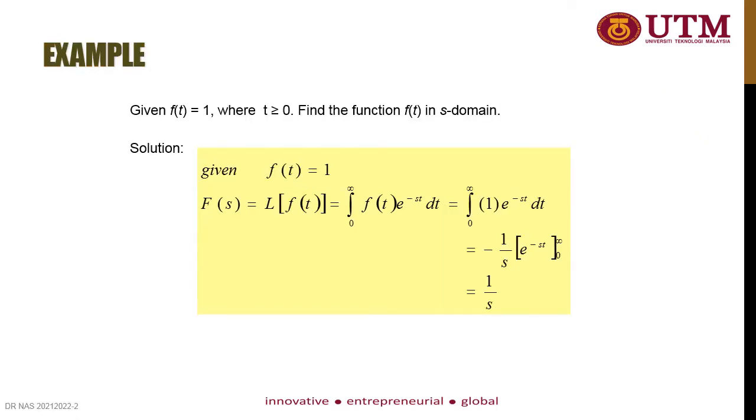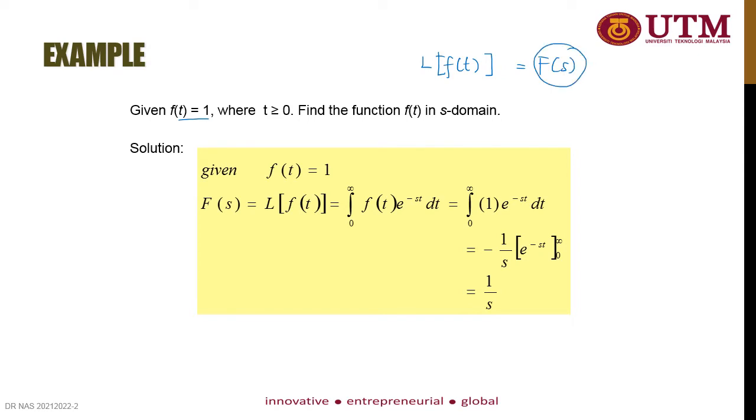Okay, let's look at the first example. Given a signal f(t) equal to 1, where t is larger than or equal to 0, find the function of f(t) in S domain, meaning that you need to perform Laplace transform of f(t). So L{f(t)}, you will get F(s). So what is your F(s)?